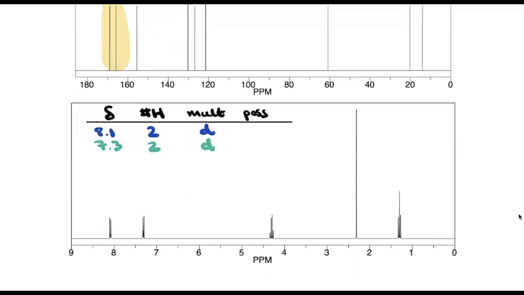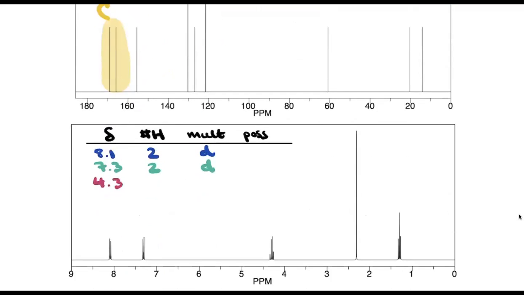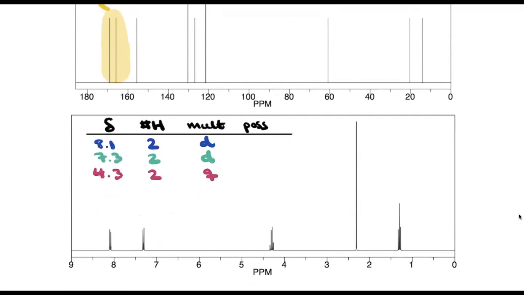I have one at 4.3, it's going to integrate to 2, and it's a quartet. I have one that's at 2.3, integrates to 3 and is a singlet. And lastly, I have another one that's at about 1.3, that's 3, and that's also going to be a triplet.